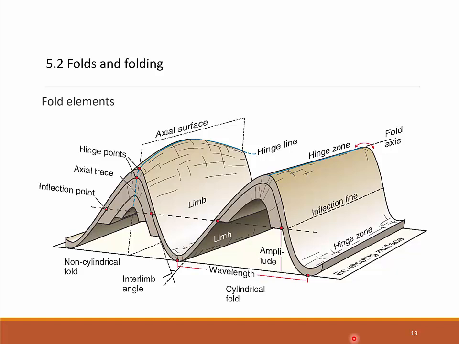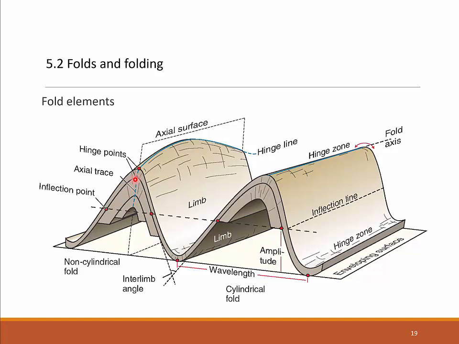Let's recap some basics on fold geometry, on the elements of folds. We see here two examples of synformal and antiformal folds. The center of strongest curvature would be the hinge zone with some hinge points that we see highlighted here.